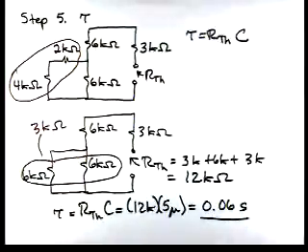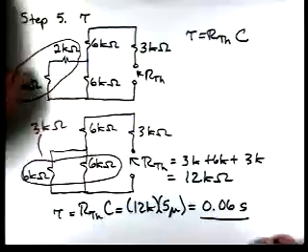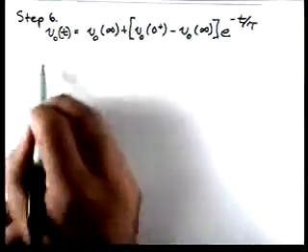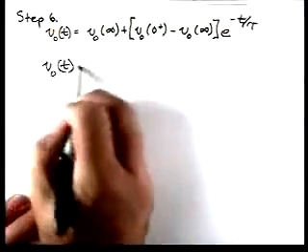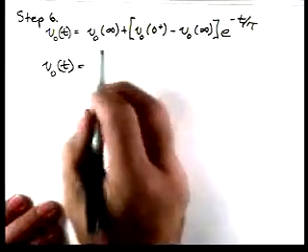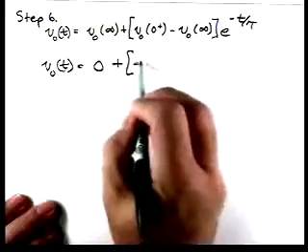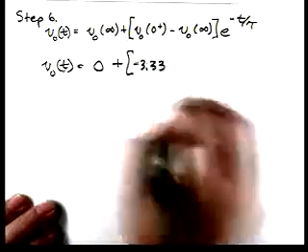Now we're ready for step 6. We know our solution is of this form, so now we just plug in. V0 of infinity is 0, and V0 of 0 plus is minus 3.33.